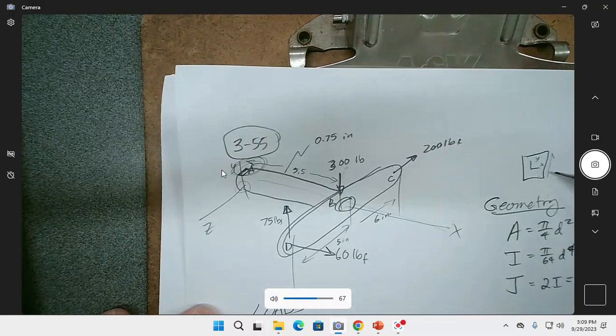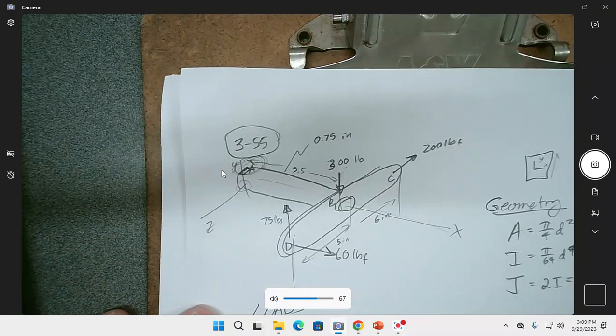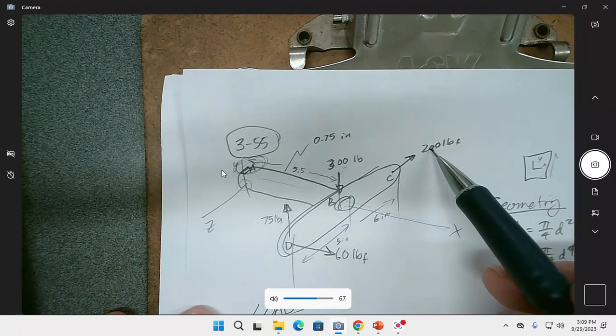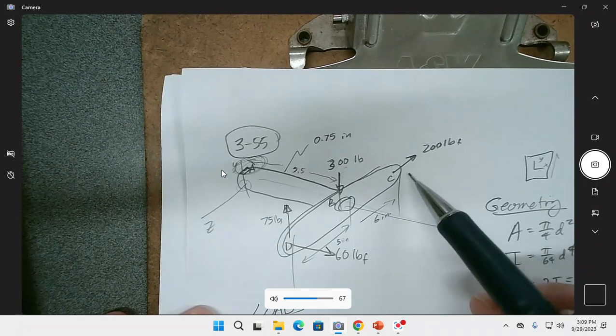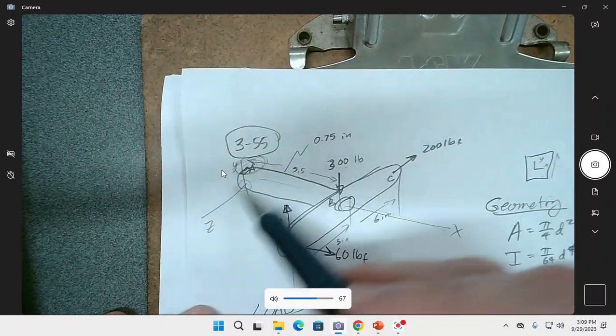But aside from that, all right, so what about the transverse shear? You kind of already said it though. Yeah, well, which direction does it go, up or down on this face? It's going up, right? Everybody else okay with the up? It's because of that 200 pounds. That's the one that was causing it, and it's going across the face that way.